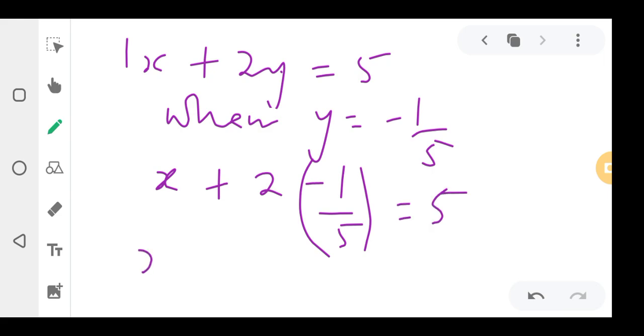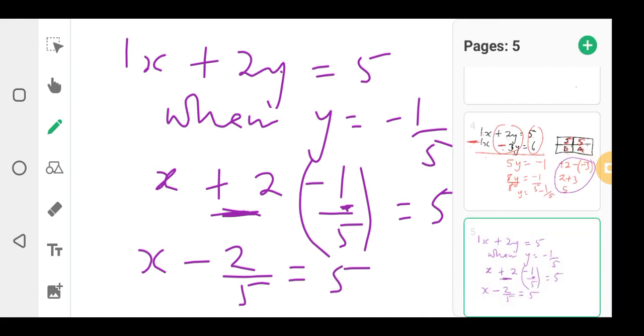What do you have? x, and then positive 2 times negative 1 over 5, which is negative 2 over 5, is equal to 5. We are solving for x. So x minus 2 over 5 is equal to 5.